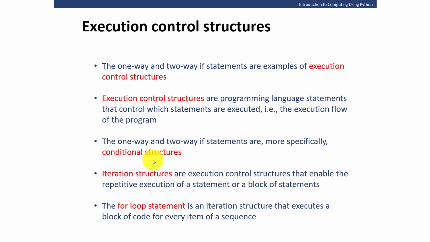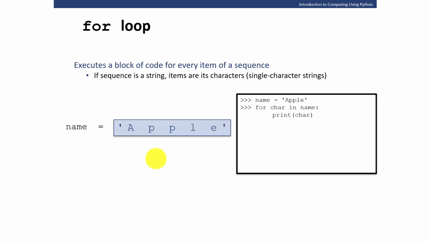An example of the iteration structure is the for loop statement. Okay, so the for loop is as simple as it is. What you have to do is use the keyword for. Now suppose that I have the string apple here, and I want to print each character in apple.